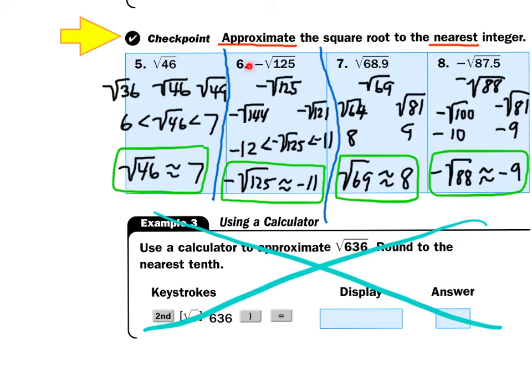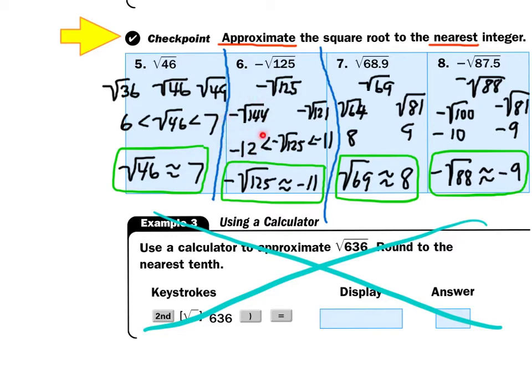So this means the opposite of the square root of 125. Well, I know that 125 is between two perfect squares, 144 and 121. But notice because of the negative, I had to put this one first. Negative radical 144, let me say that so you get used to that, is smaller than negative radical 121. And so I would know that the negative radical 144 is negative 12.